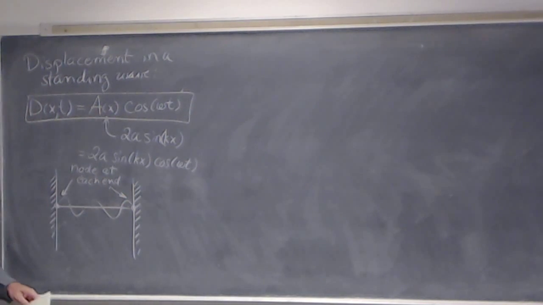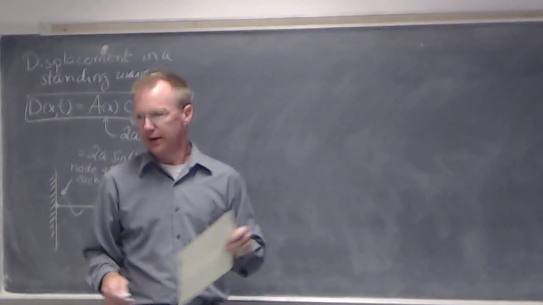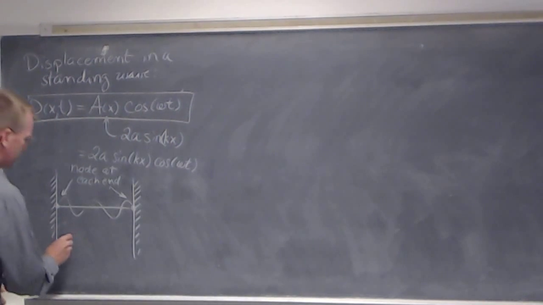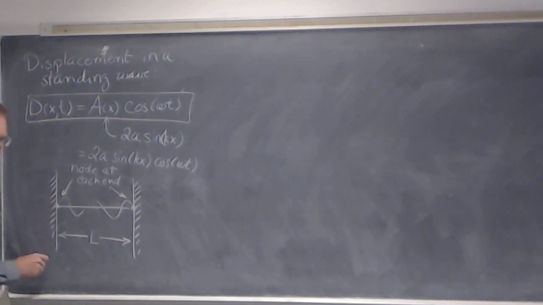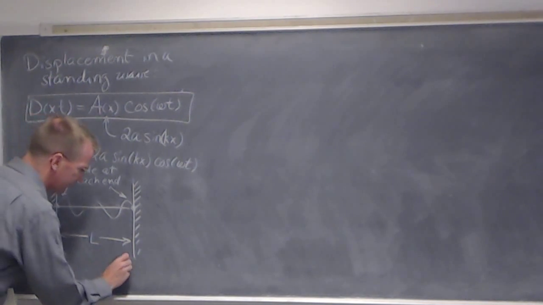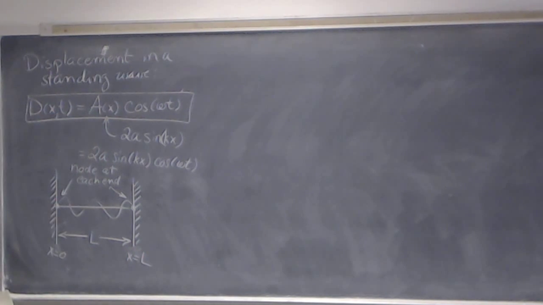A node at each end. Now, if I put this out, let's say this has a width L, so that this end is positioned x equals 0, and this end is positioned x equals capital L. L just stands for length.